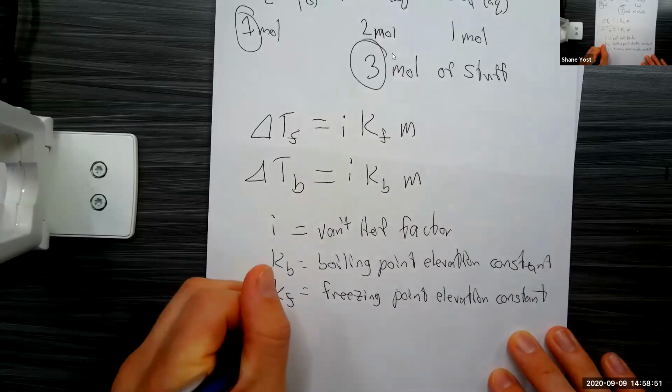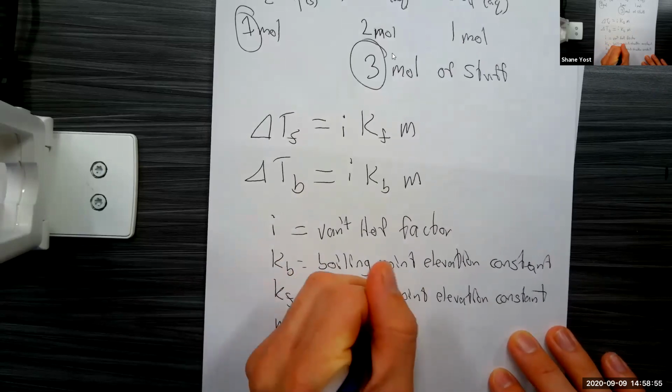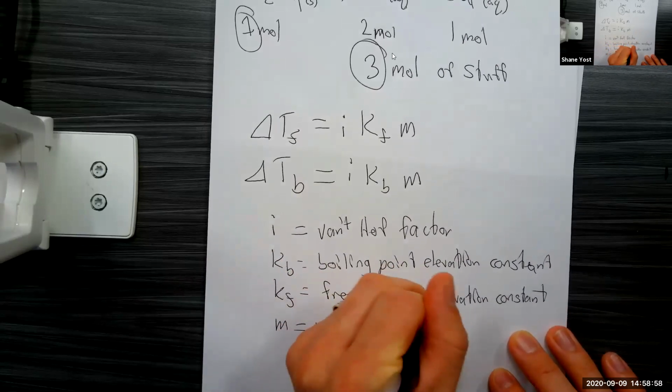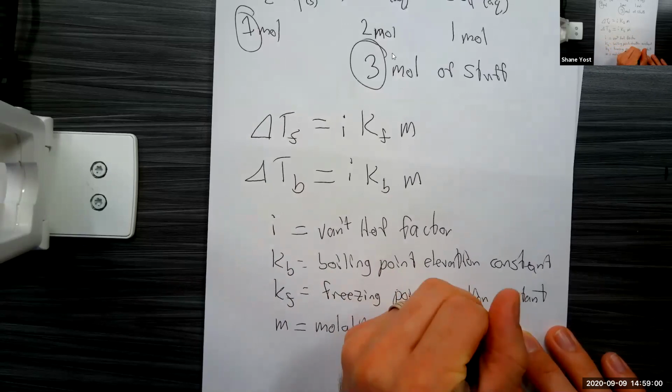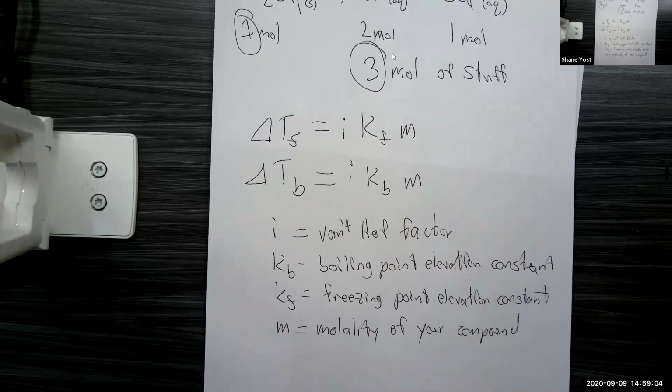And then m is the molality of your compound. Molality is moles per kilogram solvent, okay?